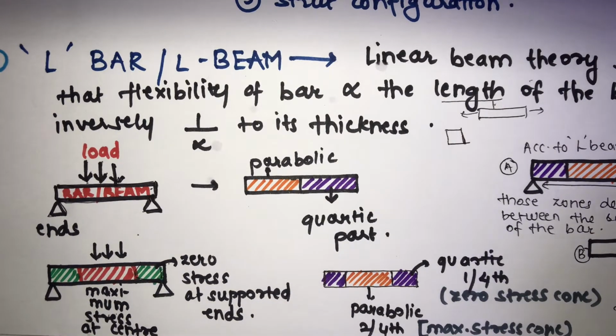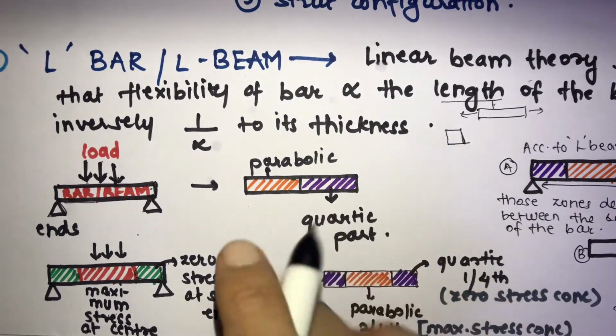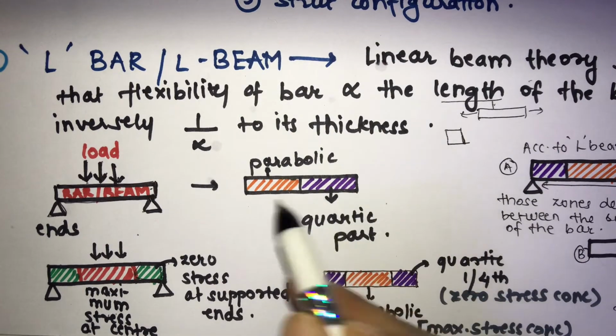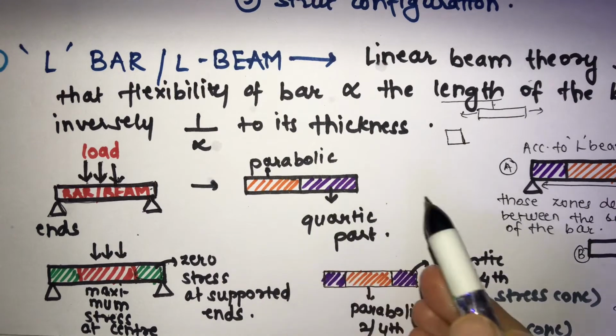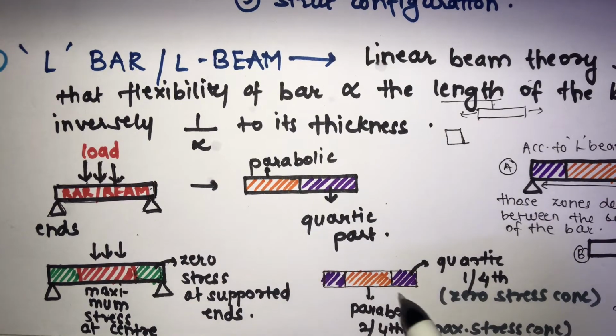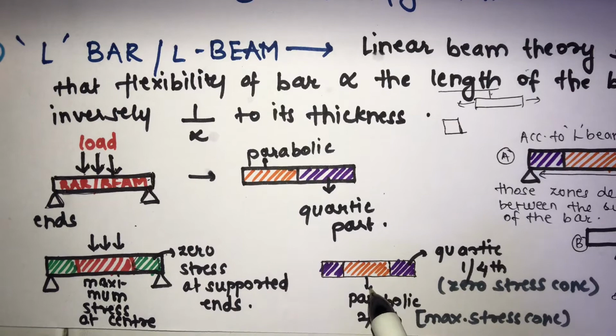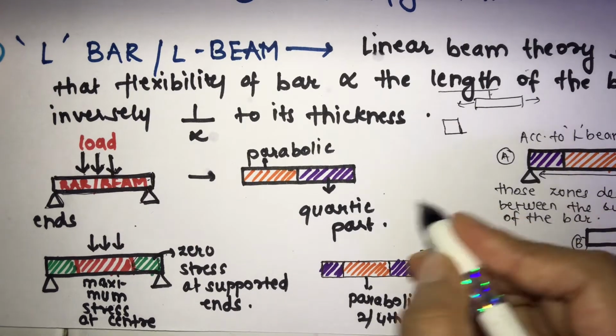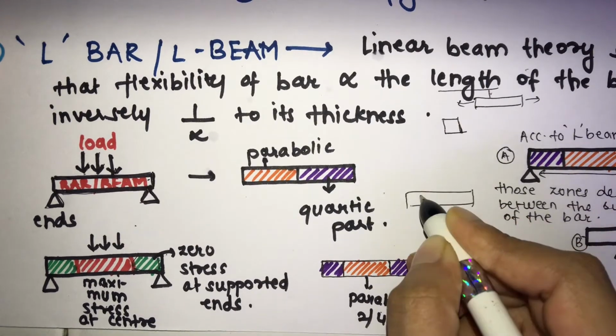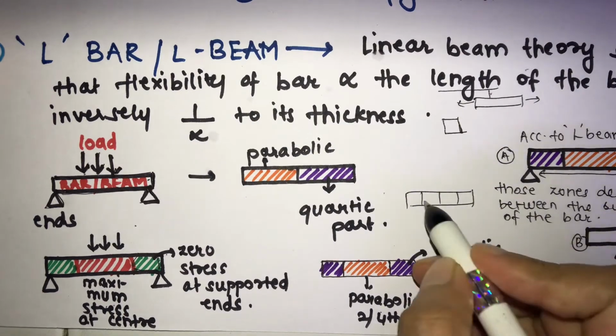A bar which is supported at two ends can be divided into two parts, the parabolic and the quartic. The parabolic part forms 2/4 of the bar. Basically this is your bar and it is divided into four parts.